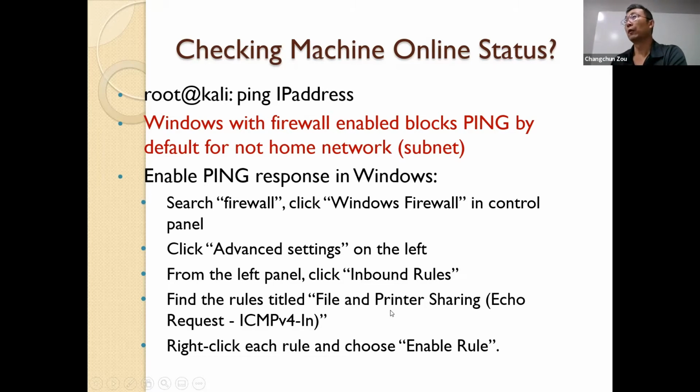Because for a network printer to work, normally when a computer prints something to a network printer, it will first send a ping message to find out whether or not that network printer is online. So ping message is used a lot by network printers.